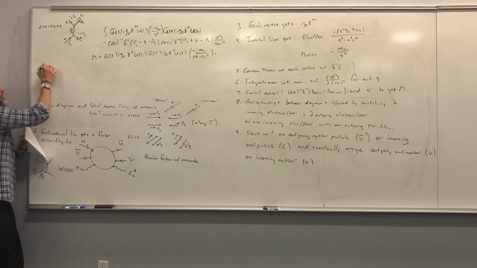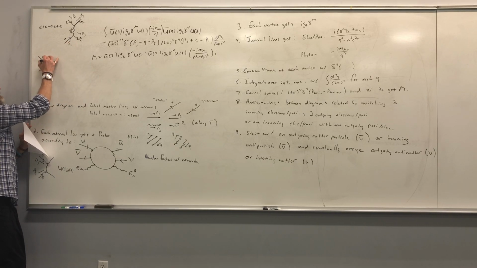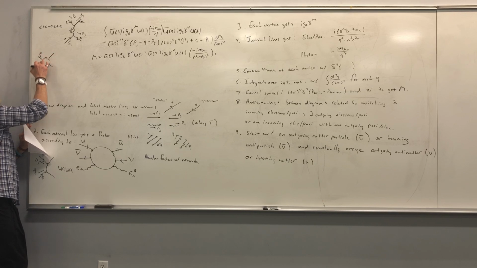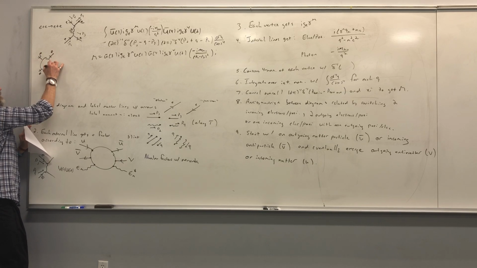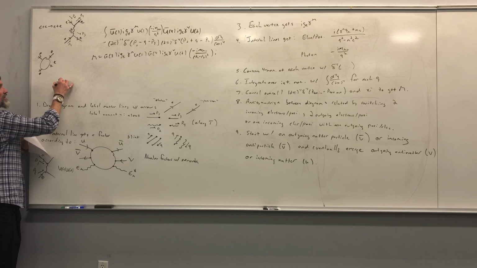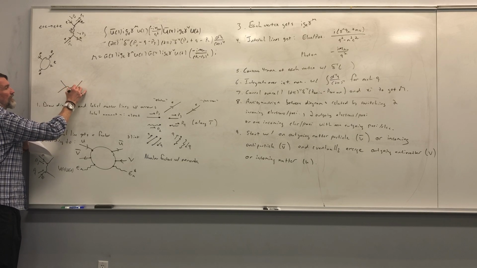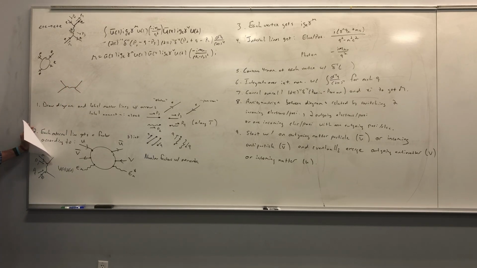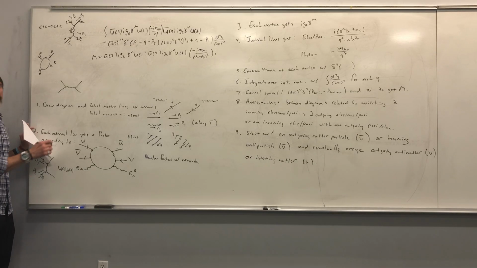Now, this is not the only contribution to this quantity. There's another one. Can you tell me what it is? Okay, so I saw a suggestion, maybe this. Well, let's try and work it out.